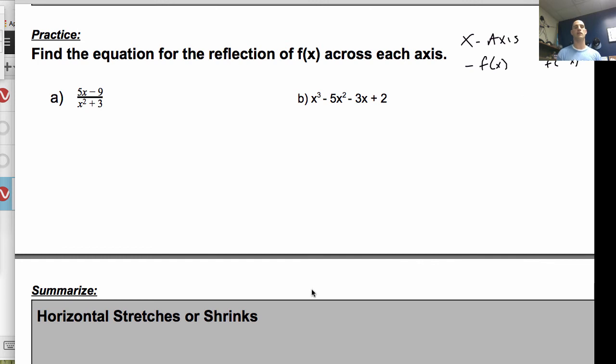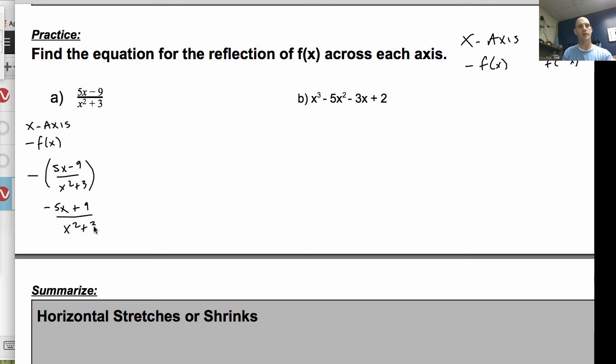It's really just a matter of either multiplying the whole thing by a negative or putting in a negative for the x. So here we go, x-axis would be negative f of x. So it's literally negative times 5x minus 9 over x squared plus 3. If I distribute in, it would be negative 5x plus 9 over x squared plus 3. Done.